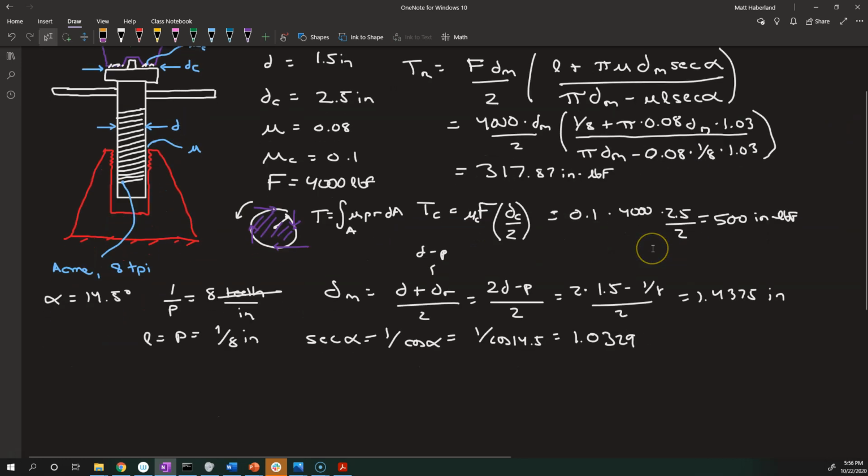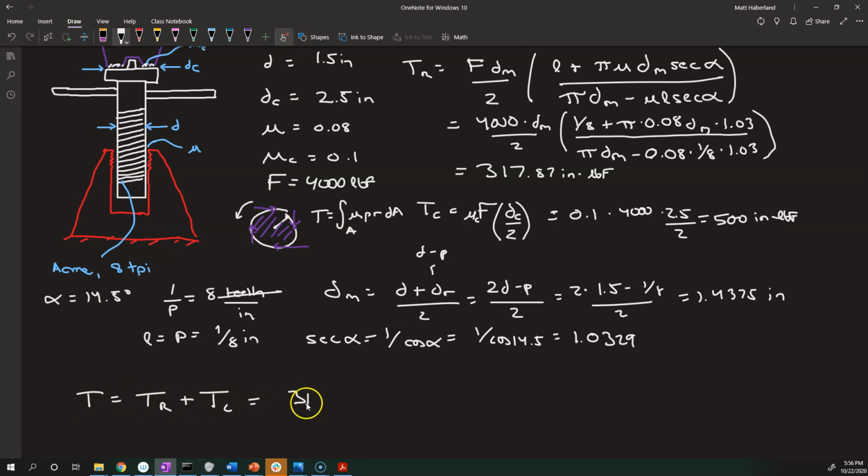Okay, so the total torque required to raise the load is T equal to TR plus TC, which is 317.87 plus 500, and we have 817.61 inch-pounds. It's almost the same calculation for lowering the load.